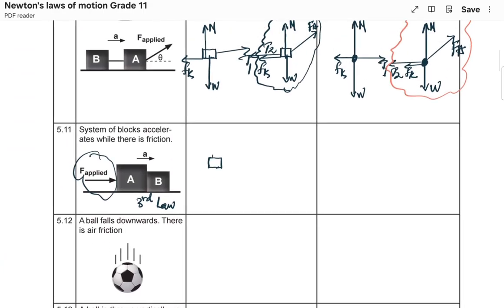So now I'm having the normal. This is for A. I'll be having weight. There's a friction.